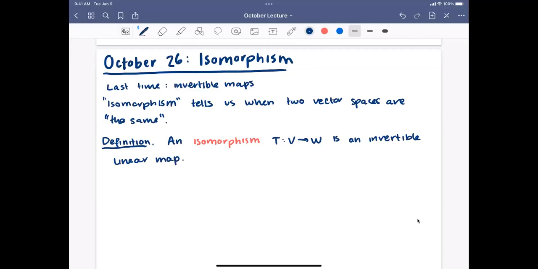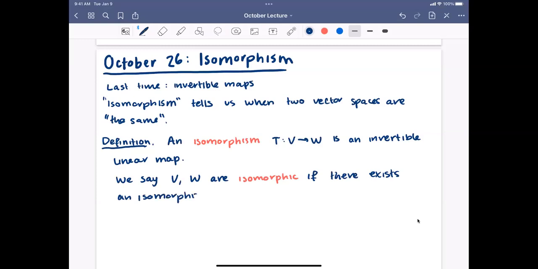So really, this is just a different word for the same thing that we've been dealing with. And we say two vector spaces, V and W, are isomorphic if there exists an isomorphism T from V to W.